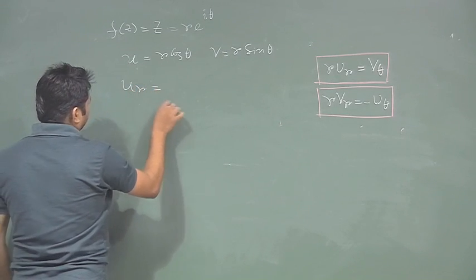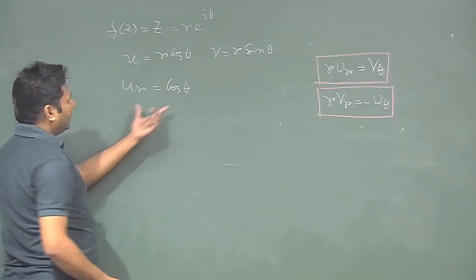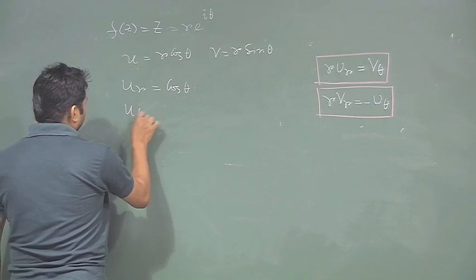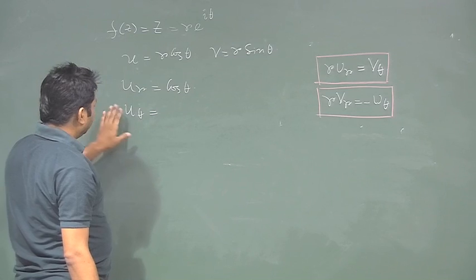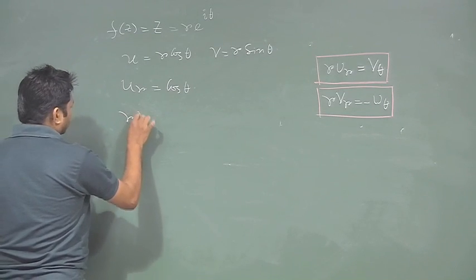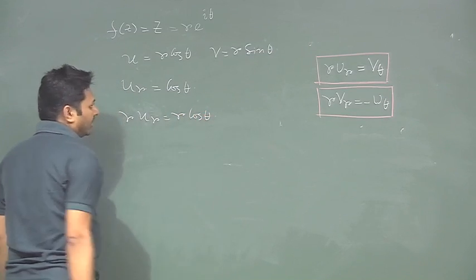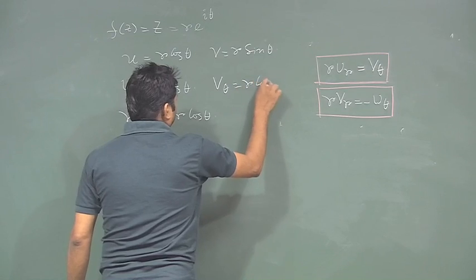u r is how much? Cos theta. u r is cos theta. So, r u r is r cos theta. What is v theta? v theta is r cos theta.